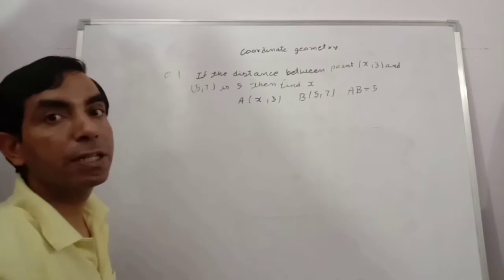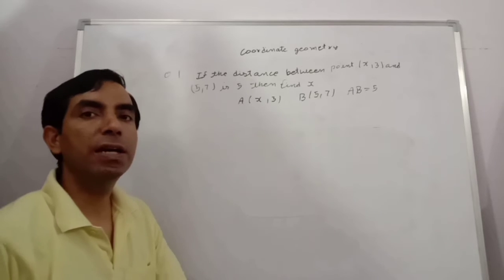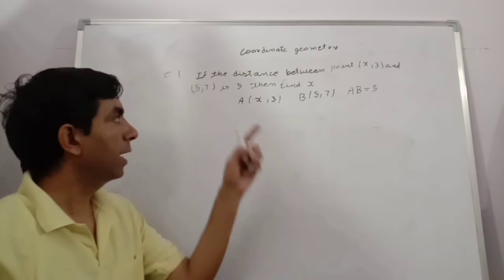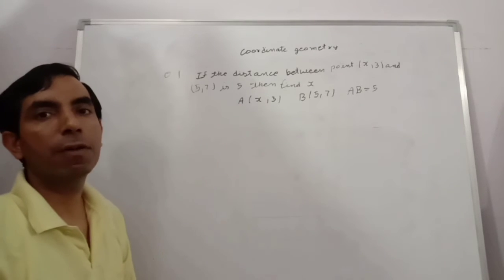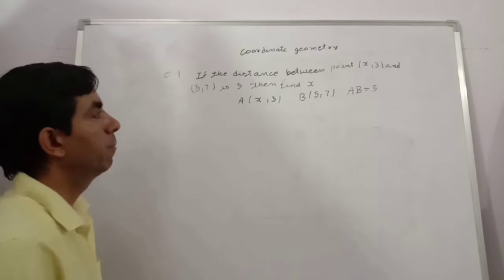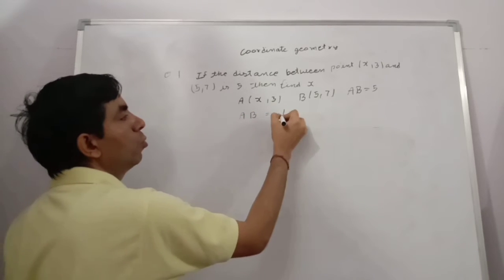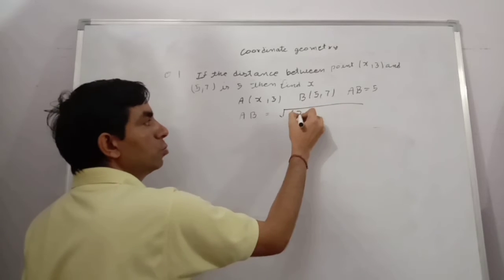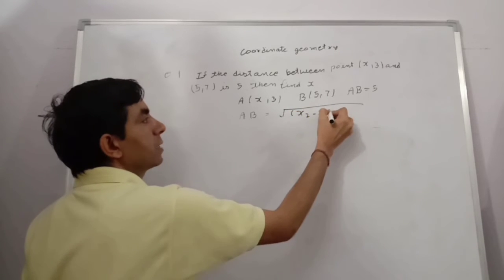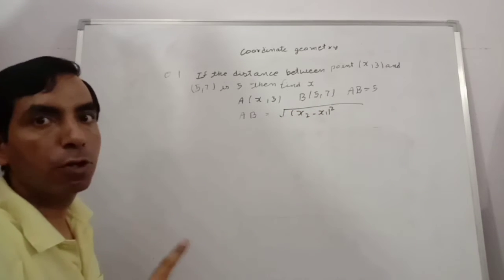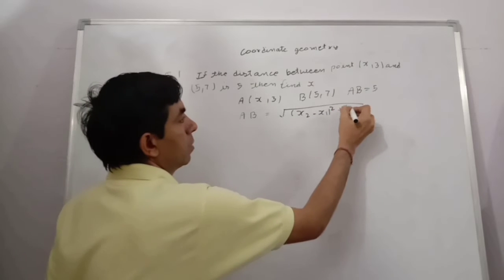Now we have to find the x coordinate. For finding it, we take the distance formula, which is the root of (x2 minus x1) whole square plus (y2 minus y1) whole square.